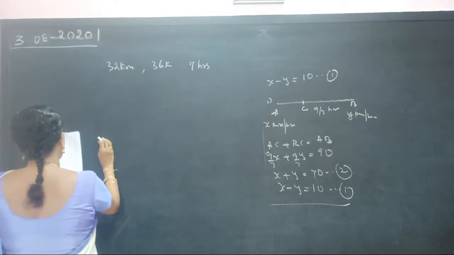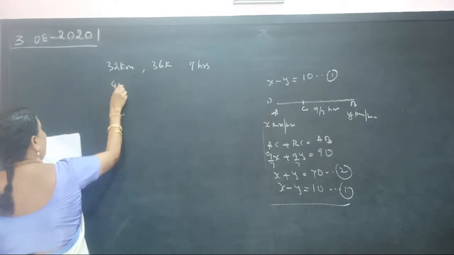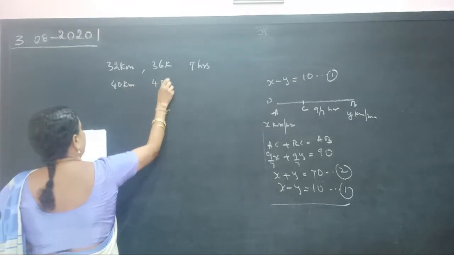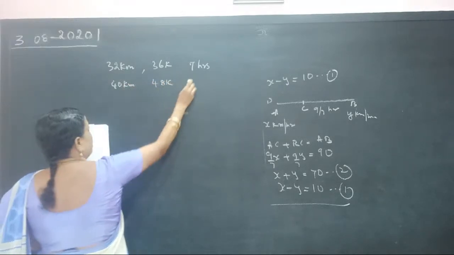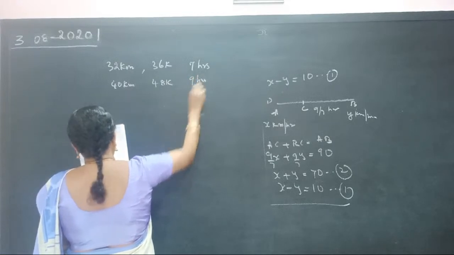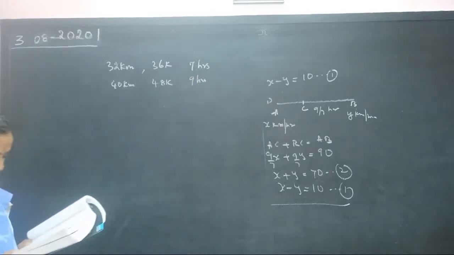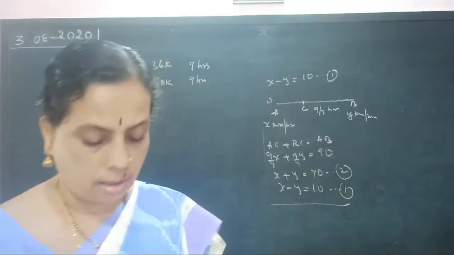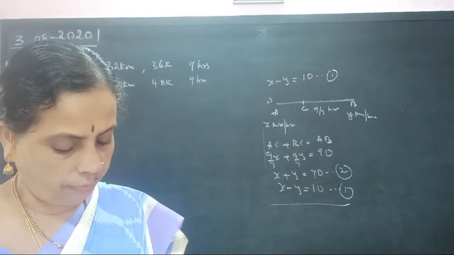It also covers 40 kilometer upstream and 48 kilometer downstream in 9 hours. Find the speed of the boat in still water and the speed of the stream.